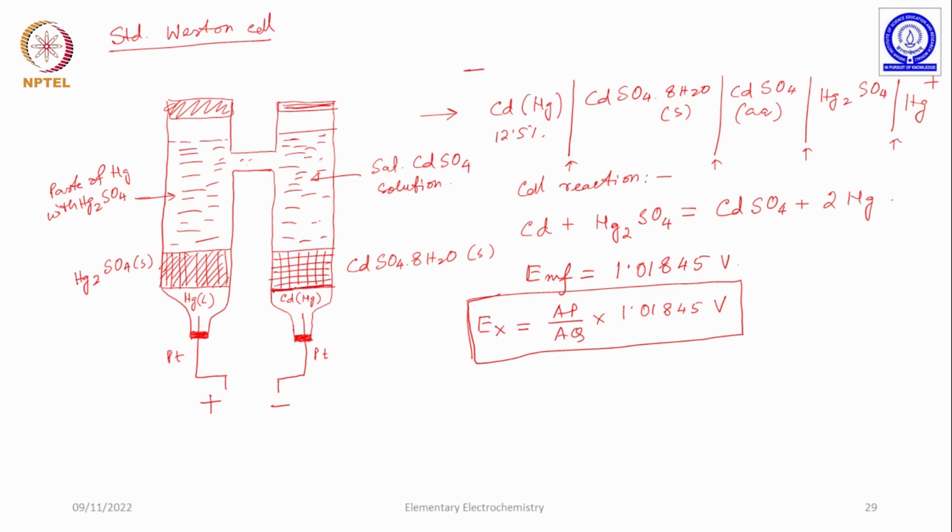So, these boundaries are distinctly marked as the vertical line in your cell. There is no such boundary here, but this is like a flow. So, there is also a line given like that, which is basically separating the mercury from the cadmium sulfate in solution.